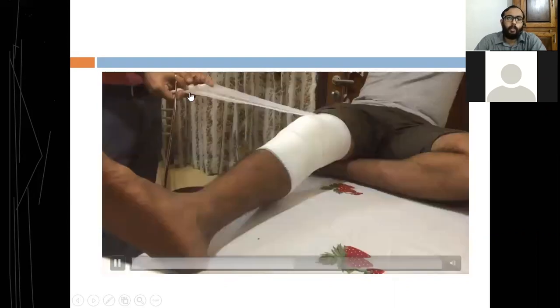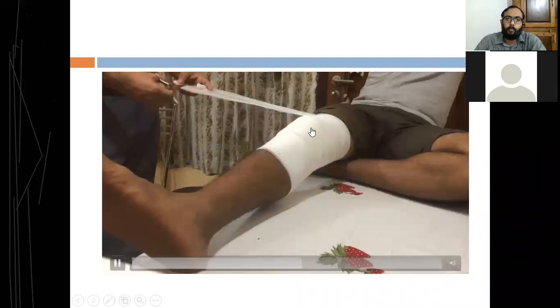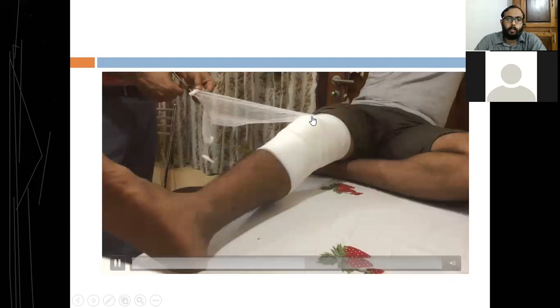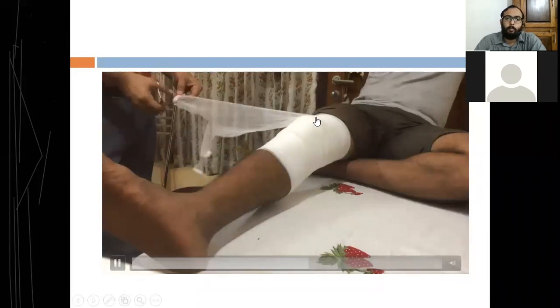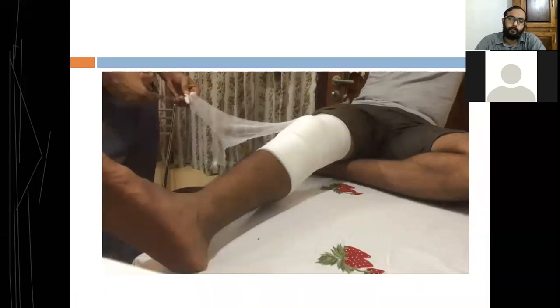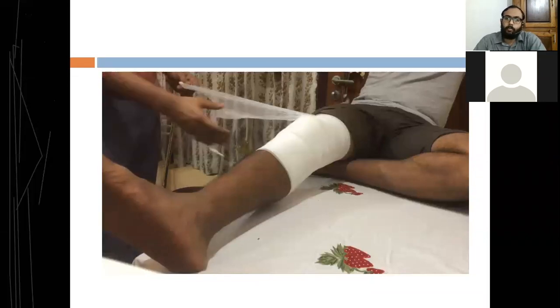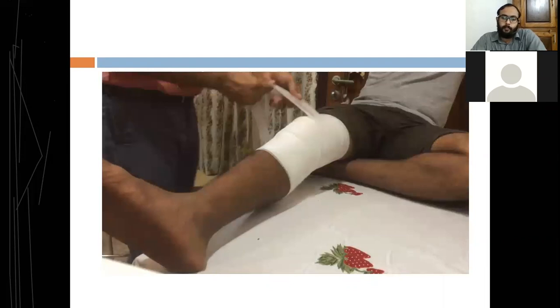You are taking four tails to immobilize over the proximal and distal part of patella. We are tying the knot over the proximal and distal aspect of patella. In all bandages, first we apply a gauze or muff to avoid cotton allergy.